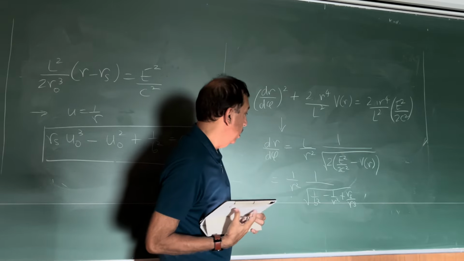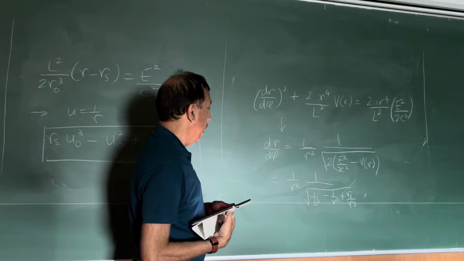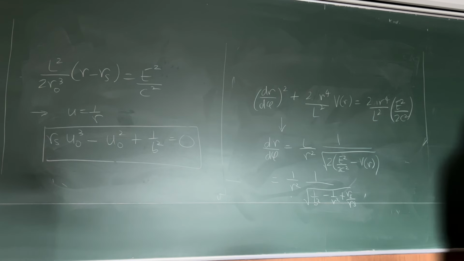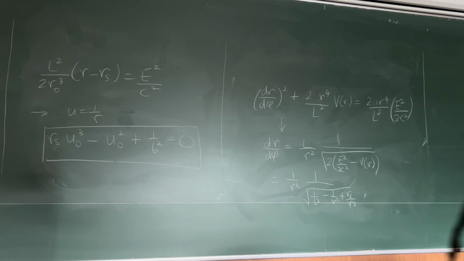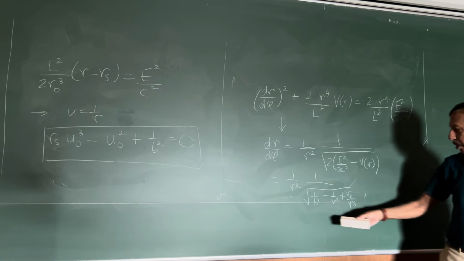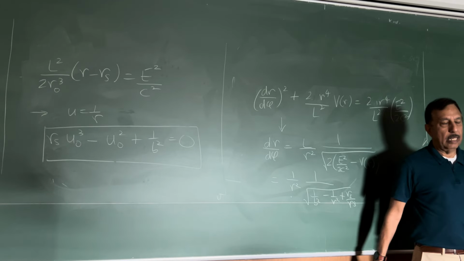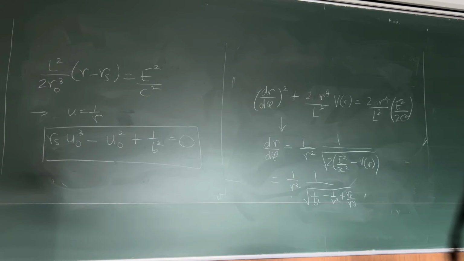As usual, the troubling term is that. To solve it, we have to recast this in terms of du, but you can see that there's an equation that I can integrate. I simply take phi to the other side and I have dr upon this function of r. That will give me the orbit. If I know the orbit, I know the bending. How exactly do I know the bending?